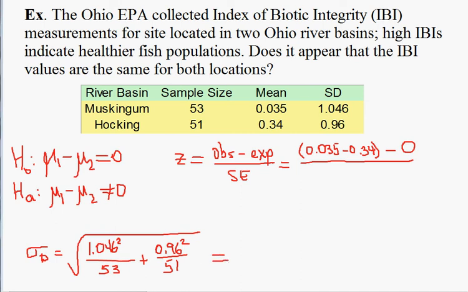Okay, now before I compute this, let's make a couple modifications here. Suppose for the sake of argument that I were to take this second term out. Then what's left would be, if I take the square root, 1.046 divided by the square root of 53. And that would be the standard error that I'd have from one sample. Okay, so let me put the second term back in.